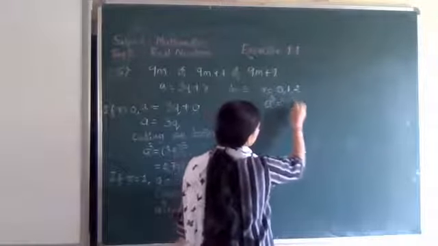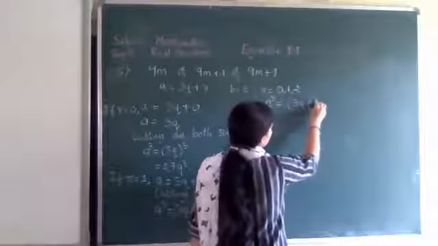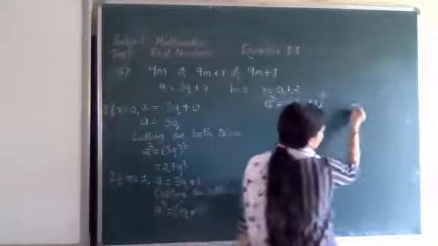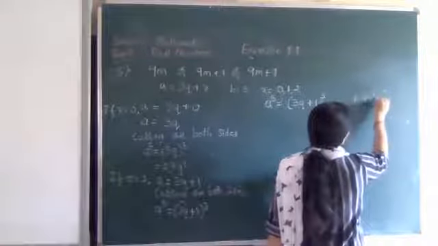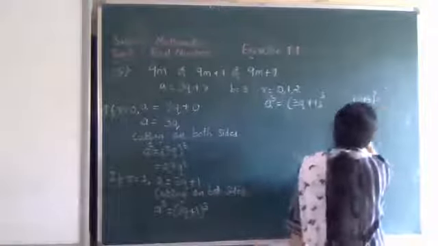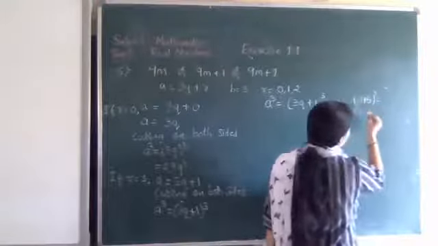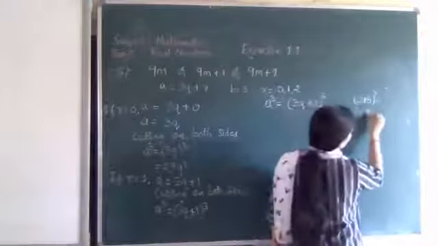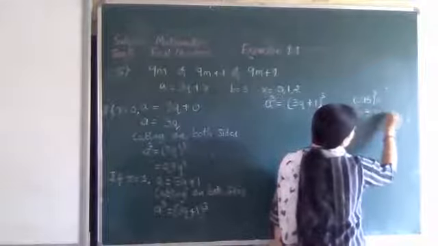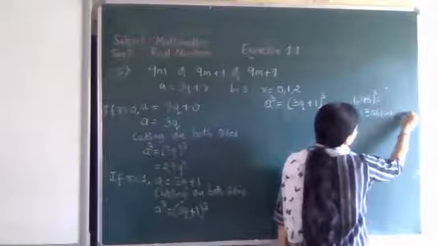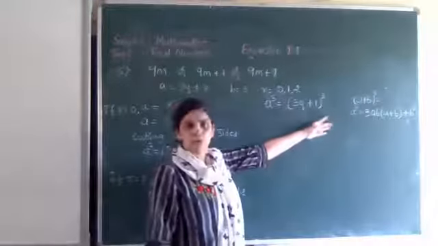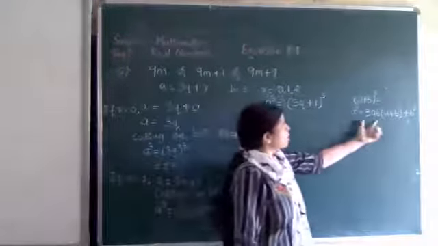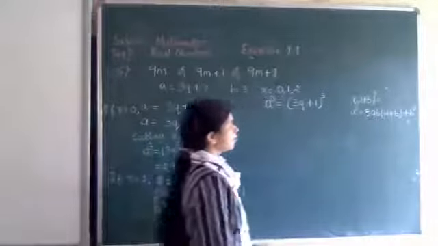3q plus 1 whole cube. We know that a plus b whole cube is equal to a cube plus 3ab into a plus b plus b cube.